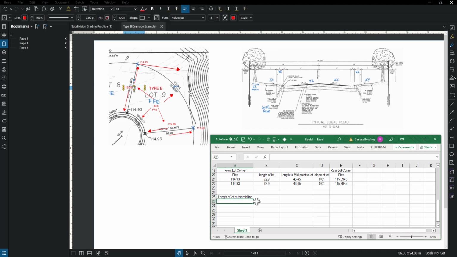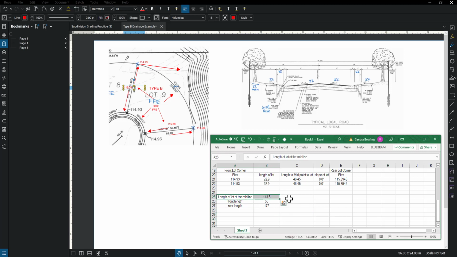The front length is 55.29 and the rear is 172. I'm just going to use round numbers, so let's just go 55. So the area average is this plus this divided by 2. So that's the average length to the center line. Okay? So that is the length to the midline.